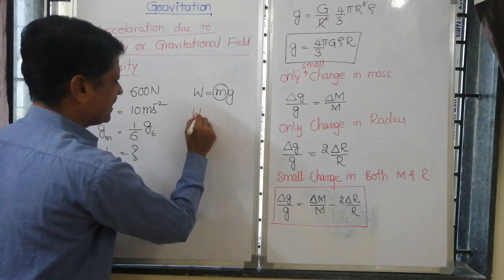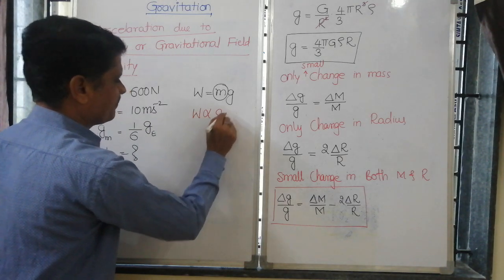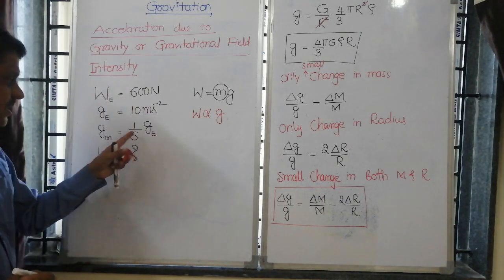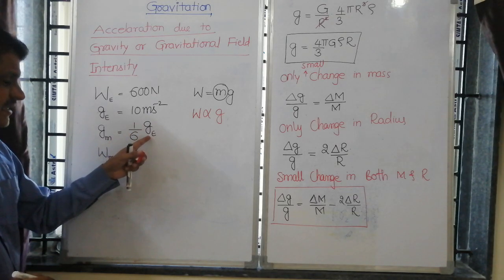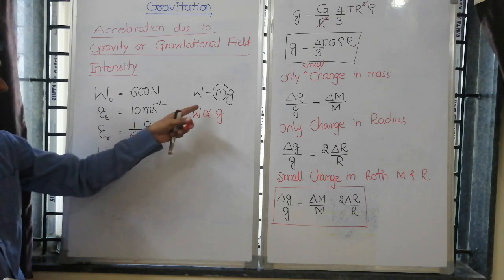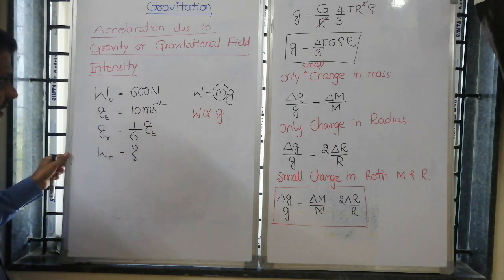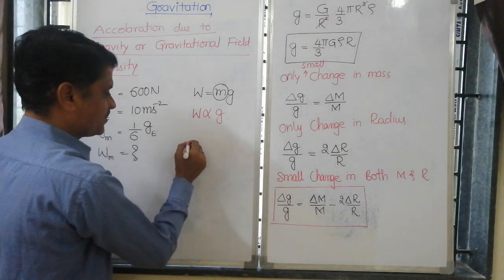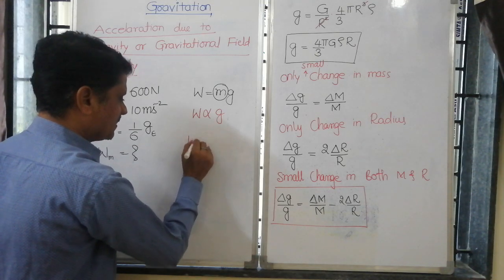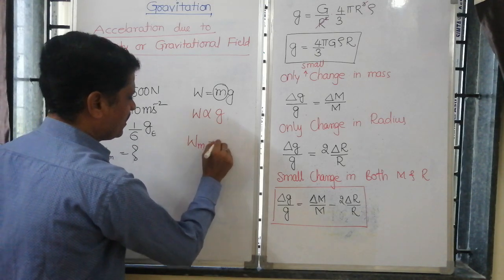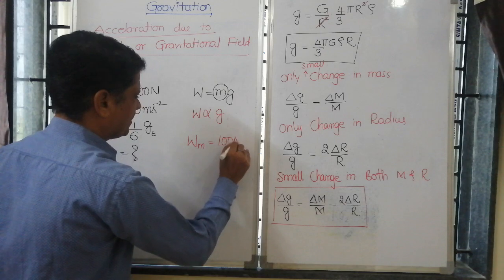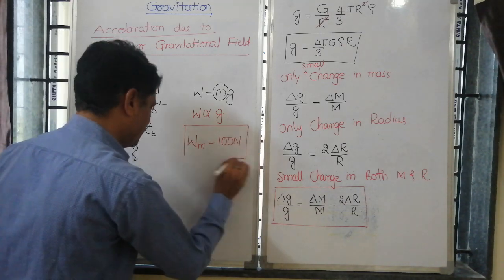If g on moon is 1 by 6 times that of the earth, weight is also 1 by 6 times that of the earth. Hence, you can substitute and simplify. Your answer will be 100 Newton. Please try yourself.